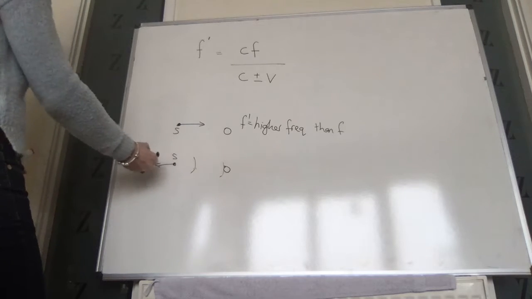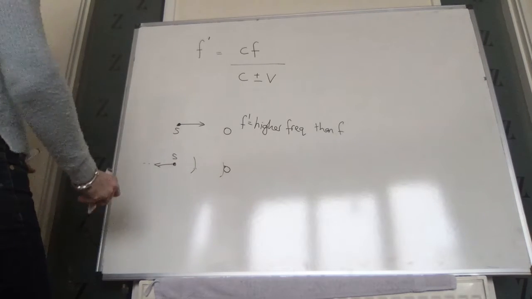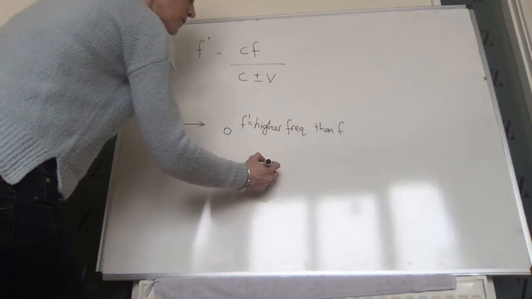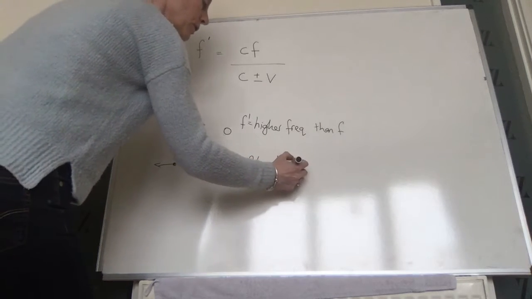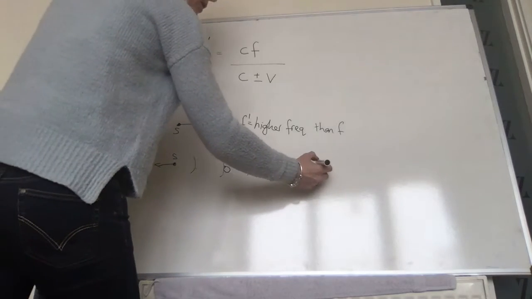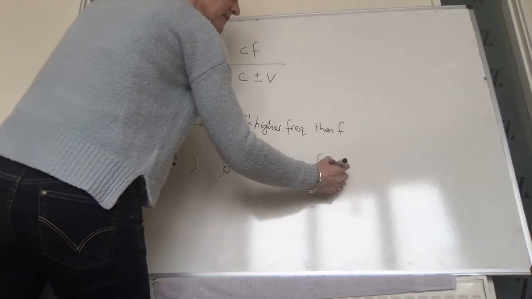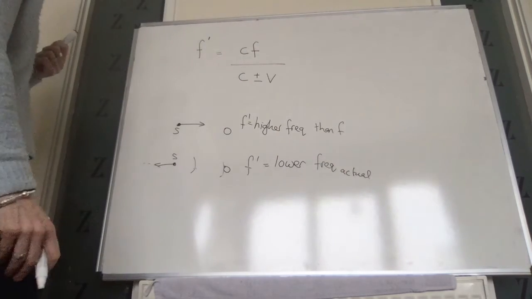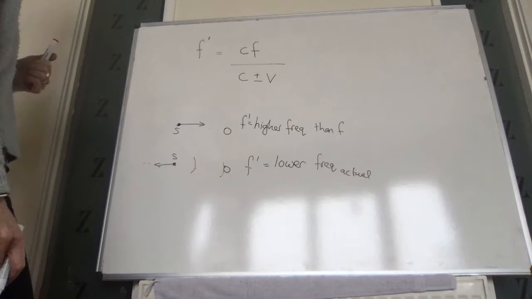That's just because the source has moved away from him. So in that situation, F dash will be lower. The apparent frequency that the observer experiences will be lower than the actual frequency of the source sound, the sound of the source.